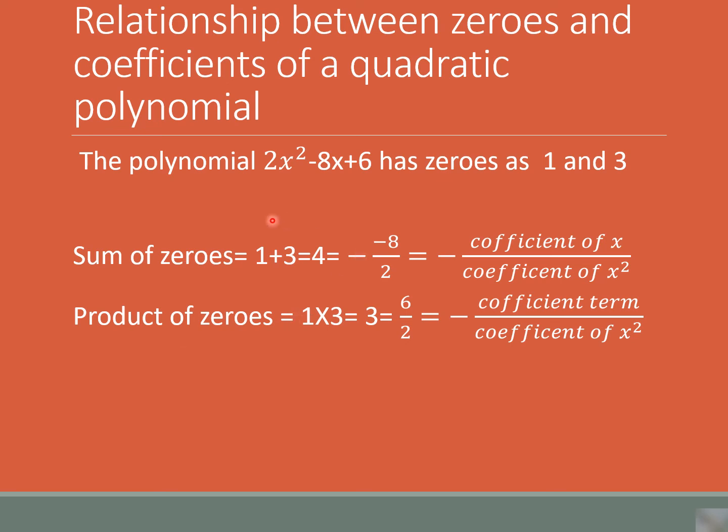Now this is going to help you in solving so many questions in grade 10 where you are given the equation and told to find the sum of zeros or product of zeros. Or maybe you are simply given the roots and you can make the equation by finding the sum of zeros and product of zeros, because it is related to the coefficients.